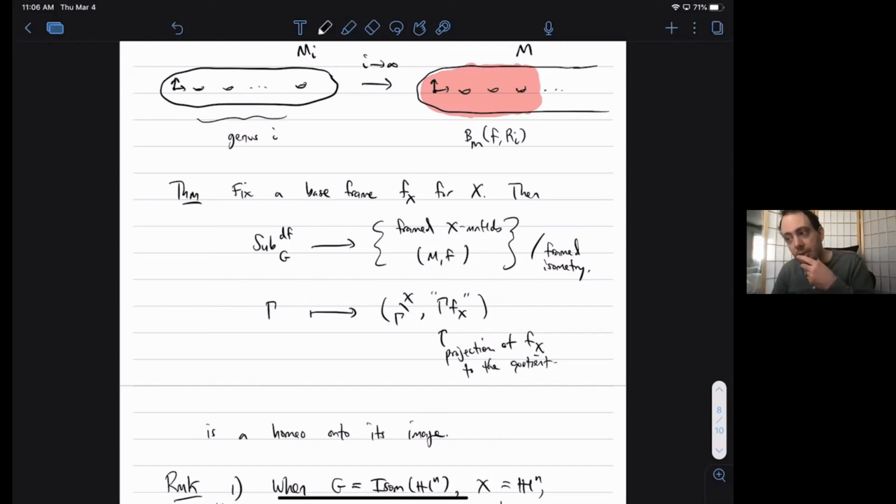You can imagine that in R2: imagine I have an isometry of R2 and it fixes this base frame. Then what can it be? It can only be the identity. So that's the whole reason why we're using frames here instead of base points, because there are lots of isometries that fix a base point. Take a rotation around that base point.